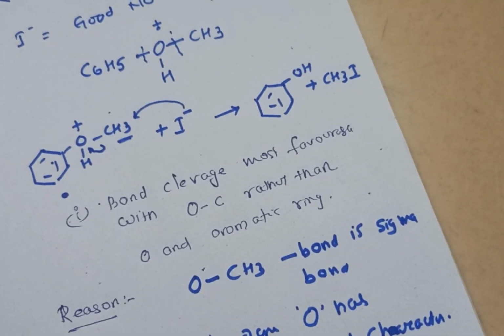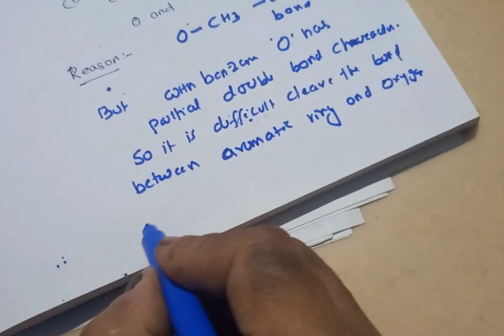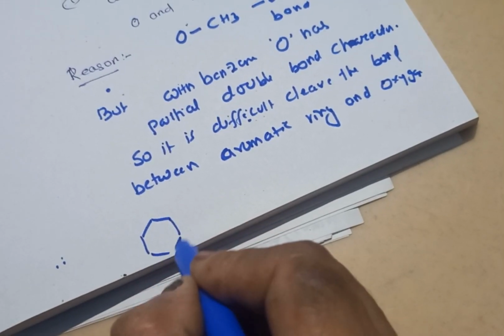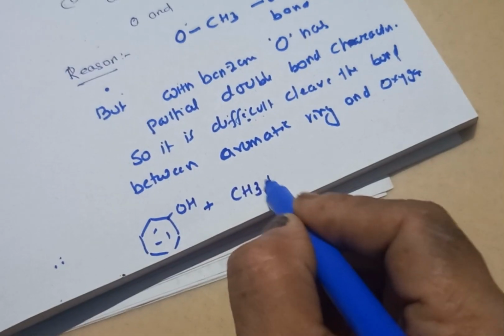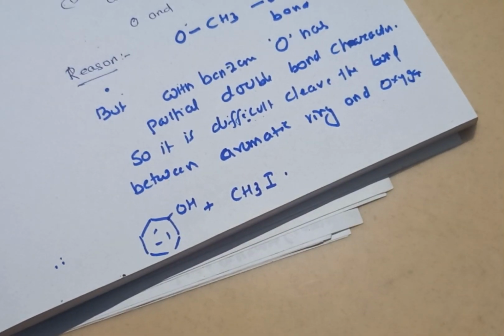So what are the final products? That is alcohol plus methyl iodide. Here I am writing the complete mechanism.